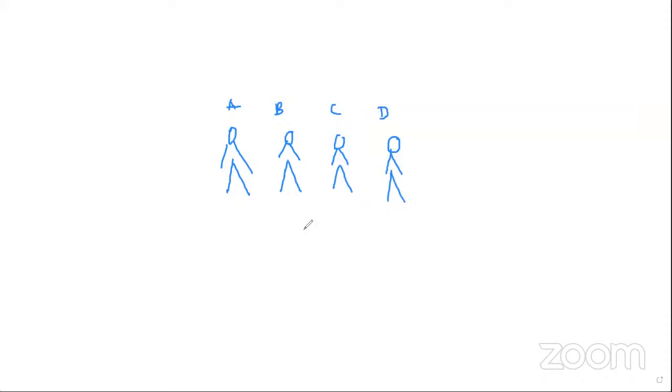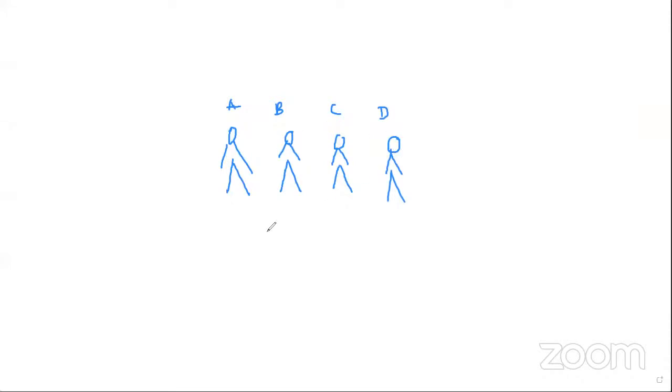What if you have 4 persons, A, B, C, D. How many ways can these 4 persons be ordered?